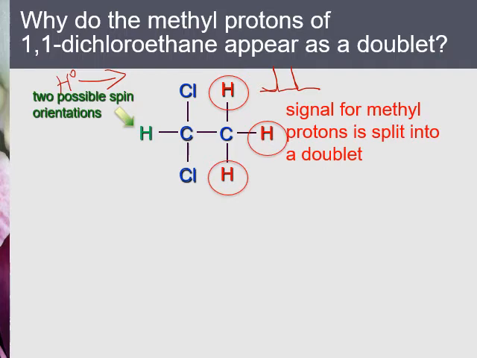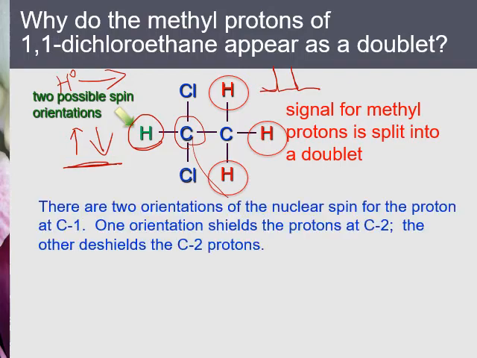Since a neighboring carbon has 1 hydrogen, and each hydrogen has 2 orientations, spin up and spin down, the 2 orientations give these 3 hydrogens 2 different types of local environment. And because they have 2 different environments, they give you 2 absorptions. That's a doublet.